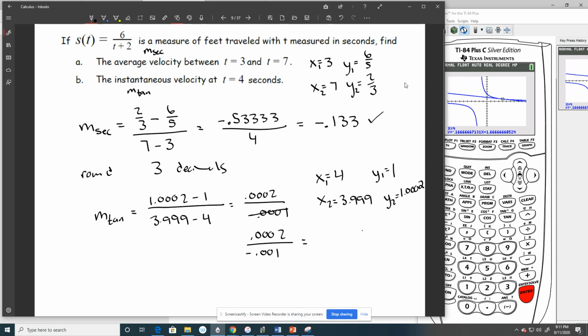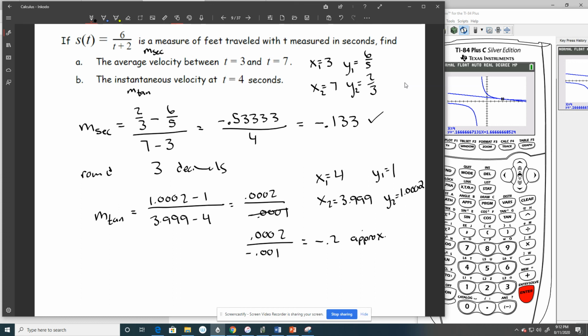And when we divide that, we're going to get negative 0.2, which if you plug in your own numbers, depending on, did you do 4.0001? Did you do another 9? Depending on exactly what numbers you use to put in there, this estimation might be a little bit wrong. Remember, this is an approximation.